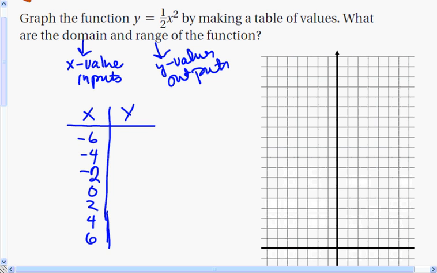Remember this is going to be a symmetrical thing, so we want to get some positives and negatives to see where it changes and where the vertex is. I'll do the first one with you so you can get an idea how to do it. So we want to do 1/2 times -6 squared. -6 squared is 36. Half of 36 is 18. Go ahead and fill in the rest and then graph it. See if you get the right thing.